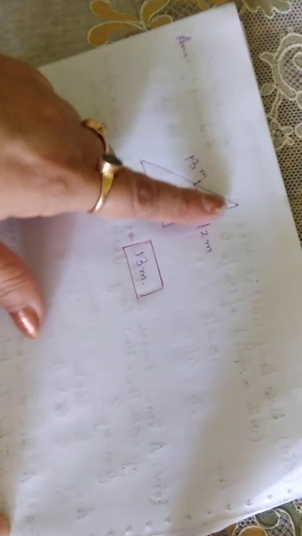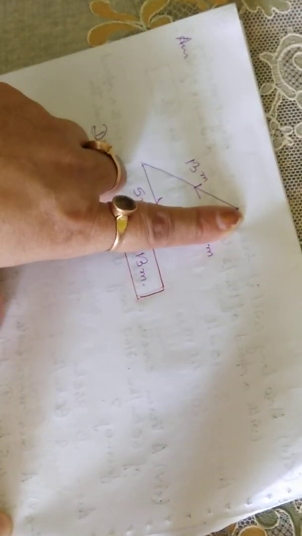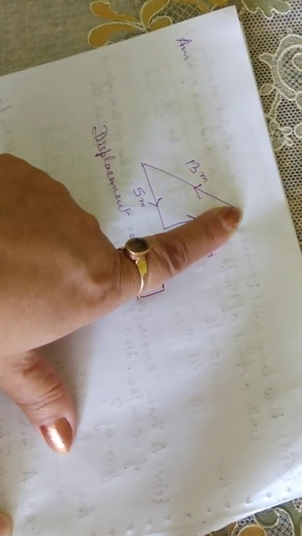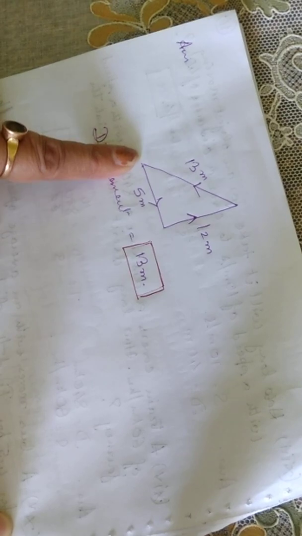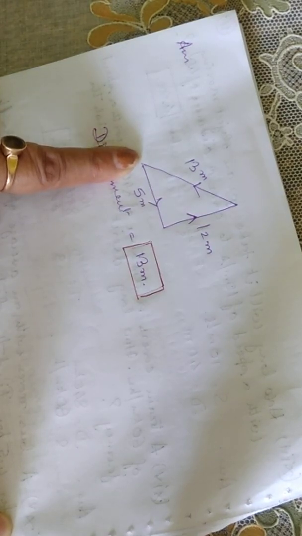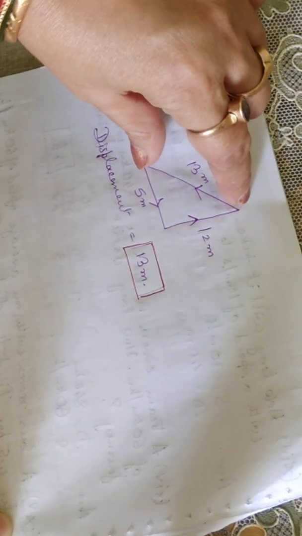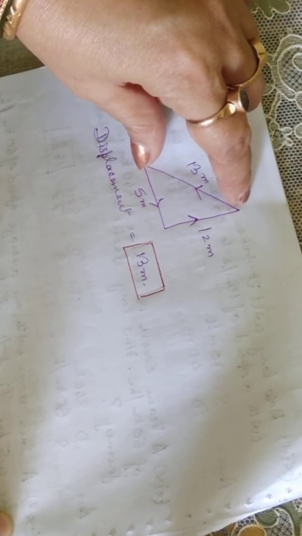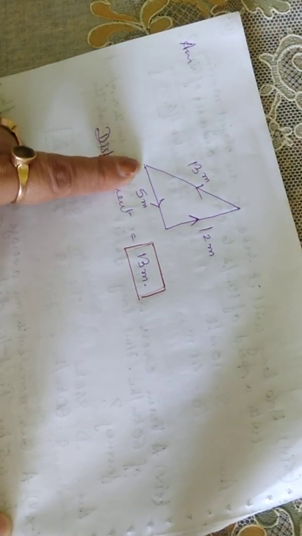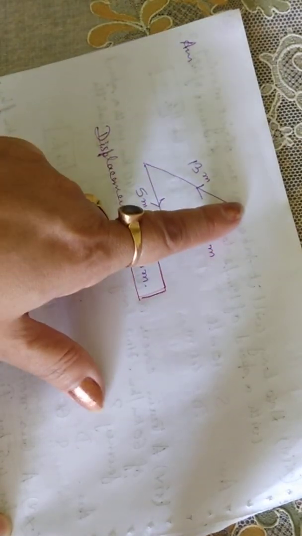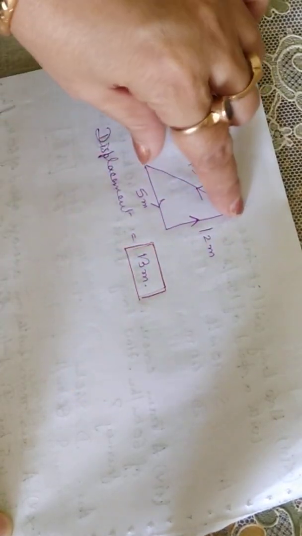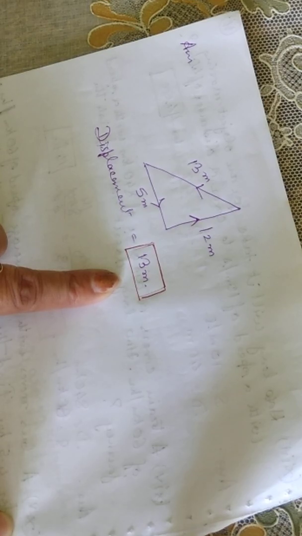Then he again turns and straight he moves to his house, that is 13 meters. So the displacement will be this shortest distance. Okay, the total distance he covered from here to here, but the shortest distance covered is this one. So this will be his displacement, that is 13 meters.